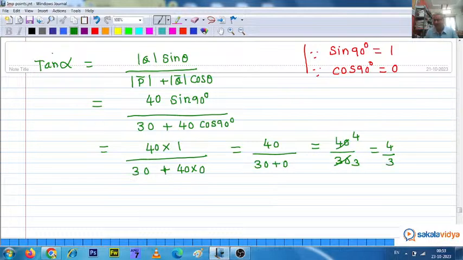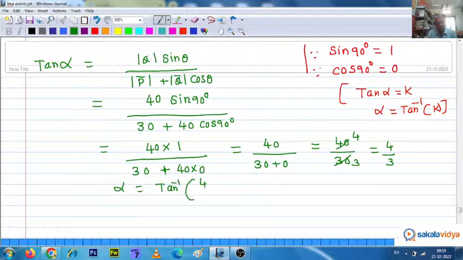But we need alpha. So my dear students, remember, suppose tan alpha is equal to something k, alpha we can express in terms of the inverse trigonometric function, that is tan inverse of k. Using this we can write alpha is equal to tan inverse 4 by 3. Using a scientific calculator or Clark tables, tan inverse 4 by 3 you can also find out, that is approximately 26.3 degrees.